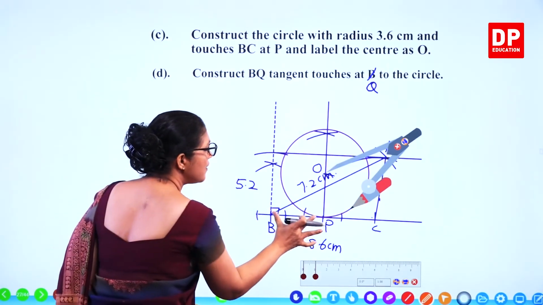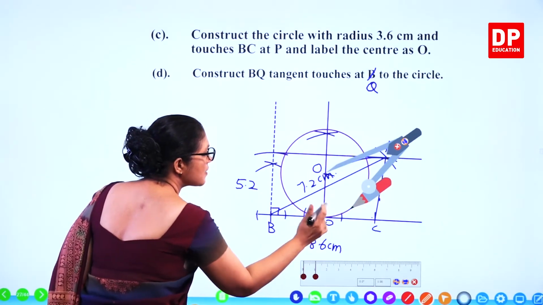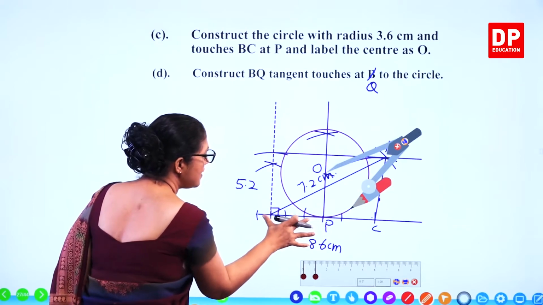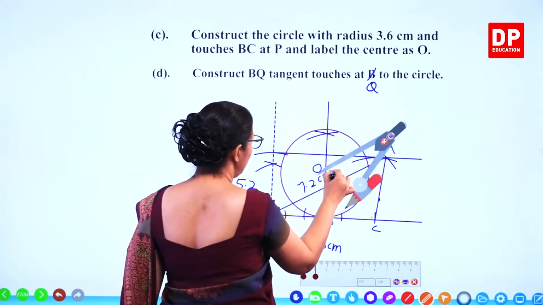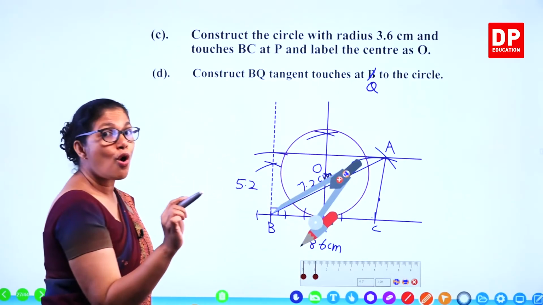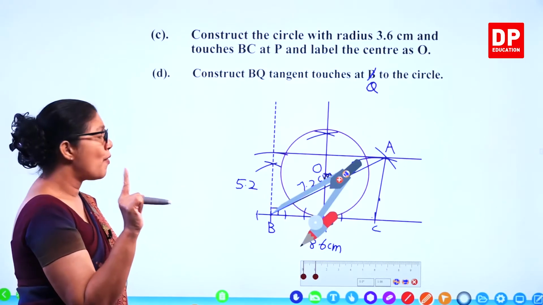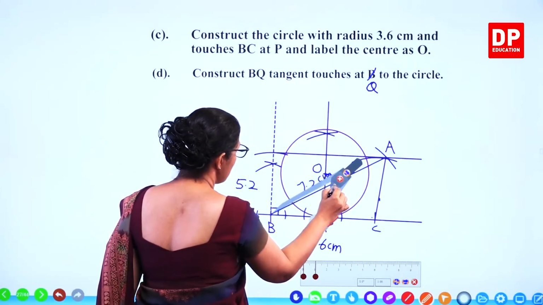So here look at this one. This is the radius of the circle. That's perpendicular to this one, and this is a tangent. BP is a tangent. So what we can do, these are equal lengths. When you draw two tangents from one point outside, you see that tangents are equal.